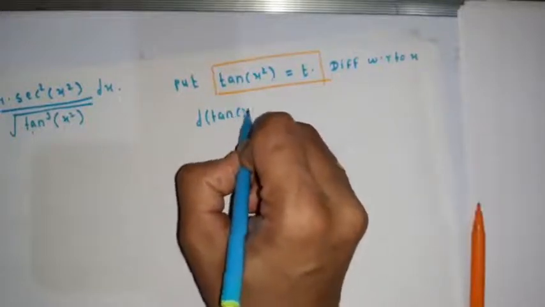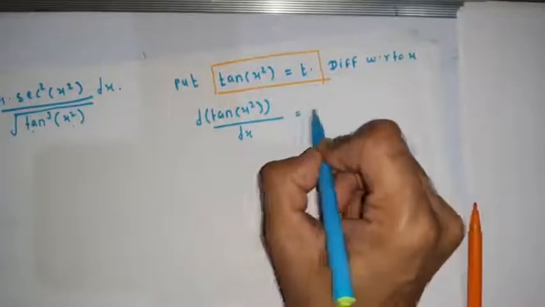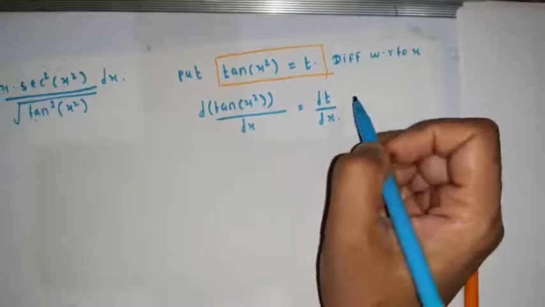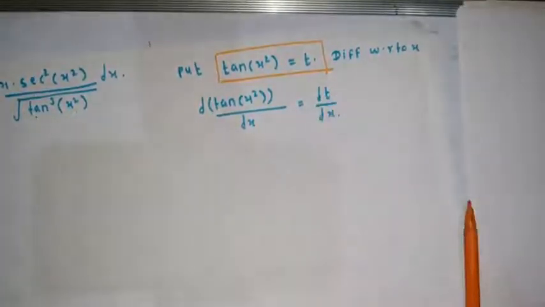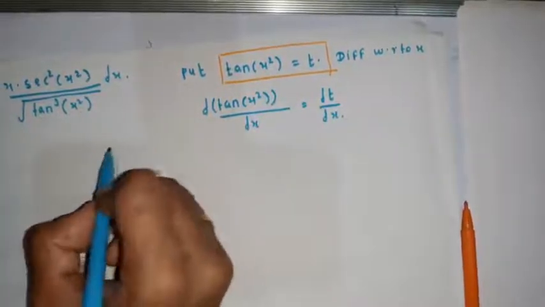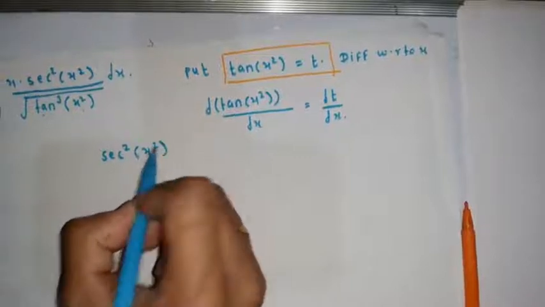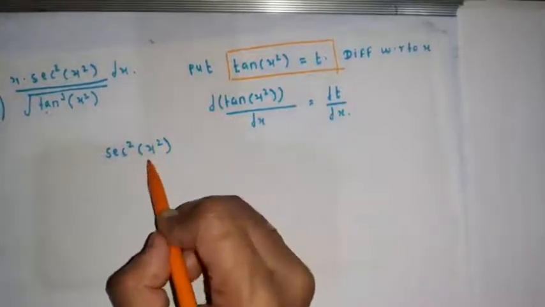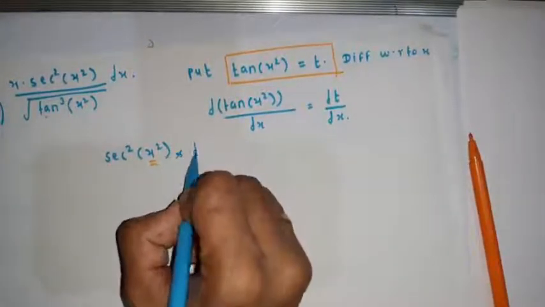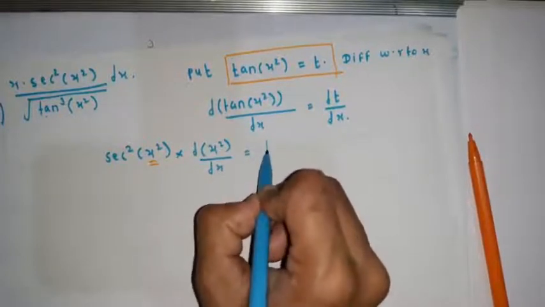Okay students, so differentiation of tan of x square with respect to x, and differentiation of t with respect to x. Differentiation of tan x is sec square x, but here instead of x there is x square, and therefore the differentiation is sec square of x square. But this x square is again a differentiable function, so by using the chain rule, into differentiation of x square with respect to x, is dt by dx.